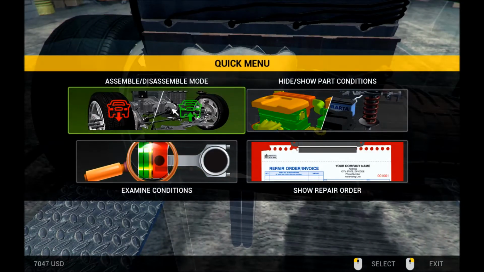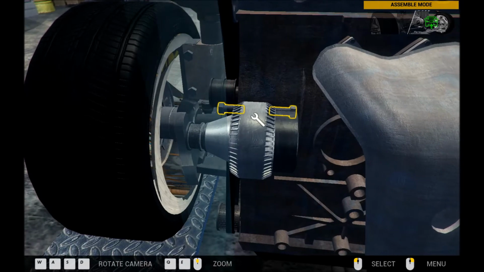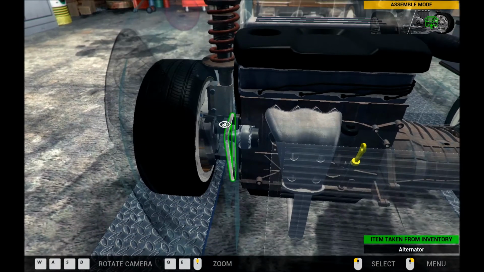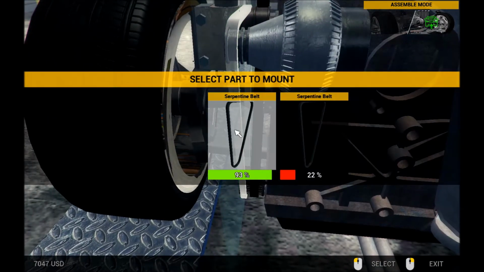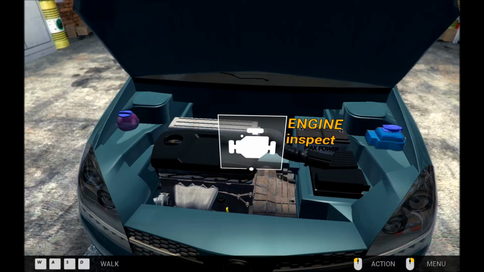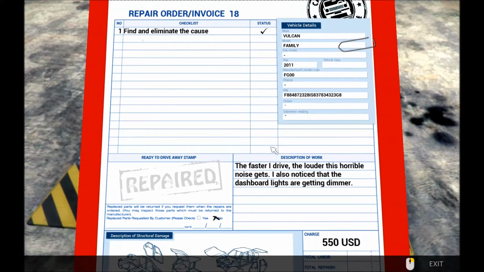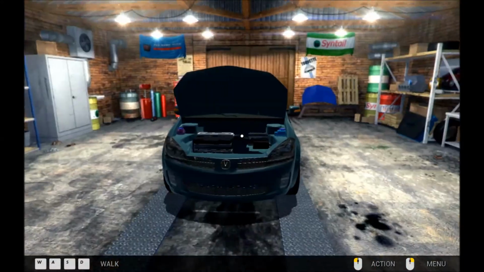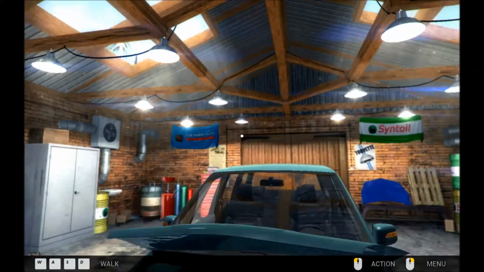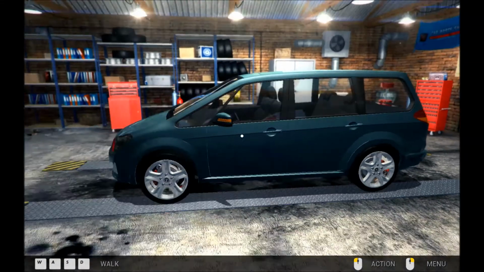No, we need assemble mode, alternator, that one, bolts. Bring the bolts together. And the belt. Okay, so parts to assemble. Just out of interest, it is checked, so maybe it was the alternator. The alternator. Well, that was another quick job then, providing that was correct.